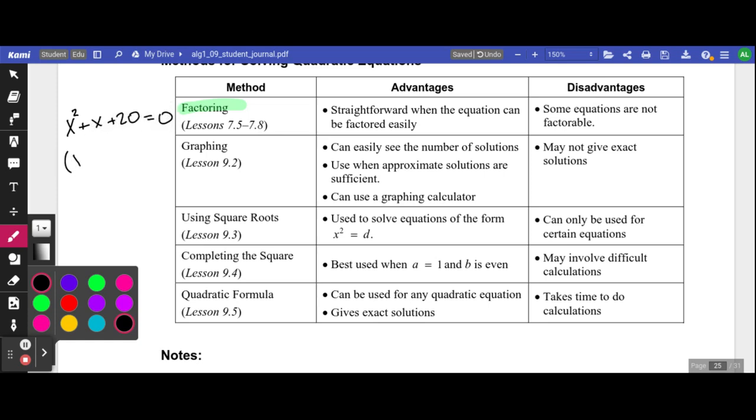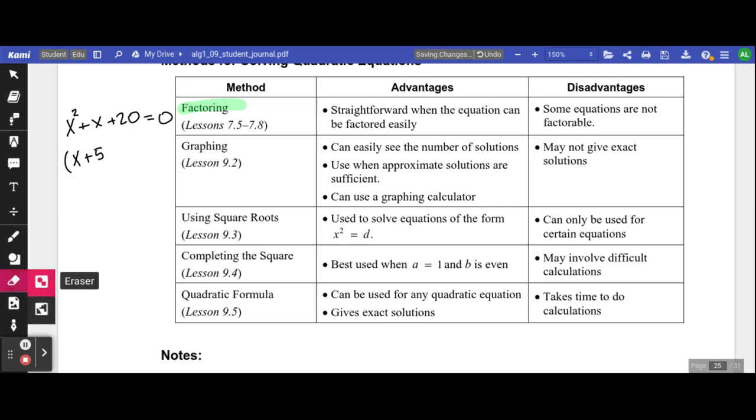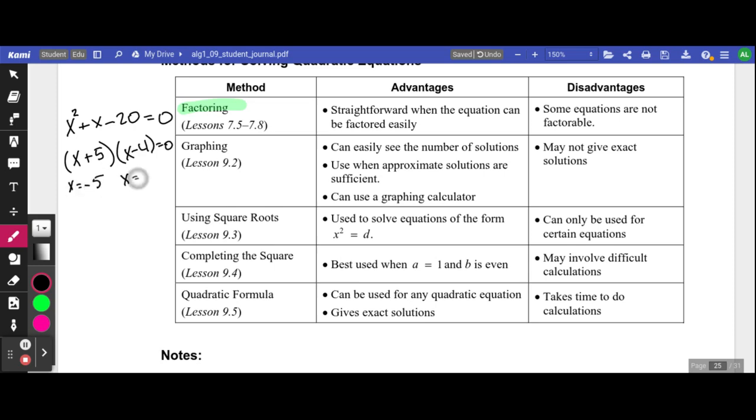I know the factors of 20 that add up to 1 are going to be 5 and 4. Oh, that's not my sign. It's got to be negative 20 on this one. So x plus 5, x minus 4. You set each one equal to 0. That would be how we solve with factoring.